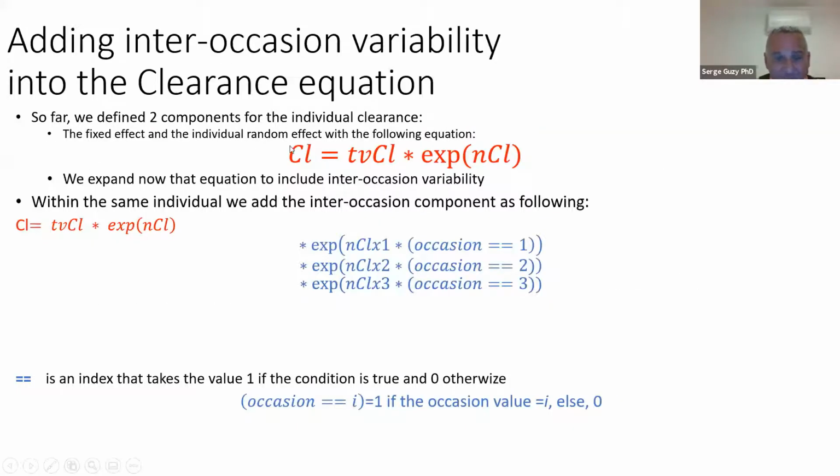Then when I multiply TVCL by exponent NCL, I quantify the inter-individual variability, which means how patients are different from each other. When I then multiply on each occasion by the random effect NCLX1, NCLX2, and NCLX3, I get the fluctuation of the clearance from week to week.